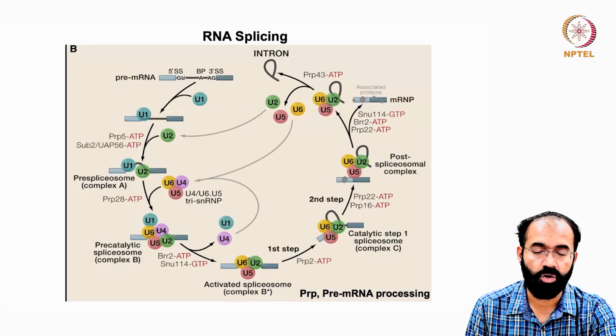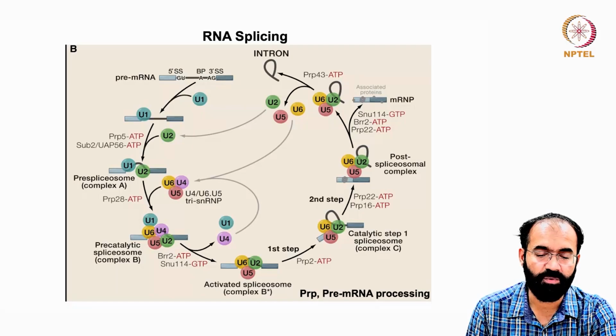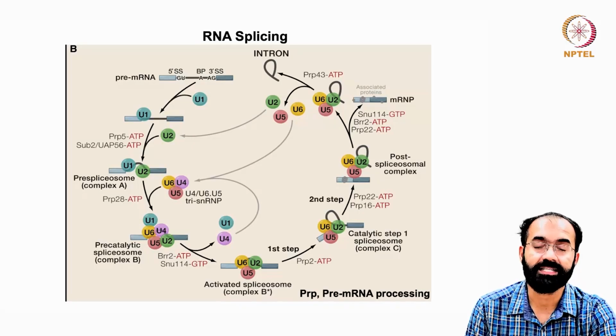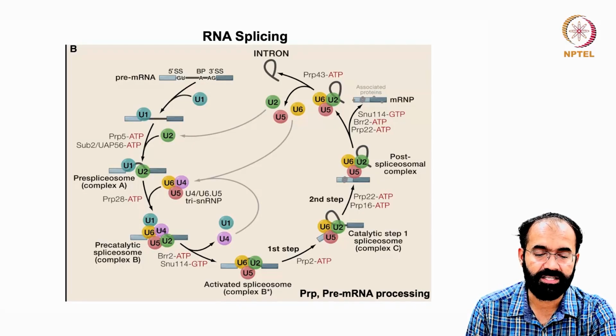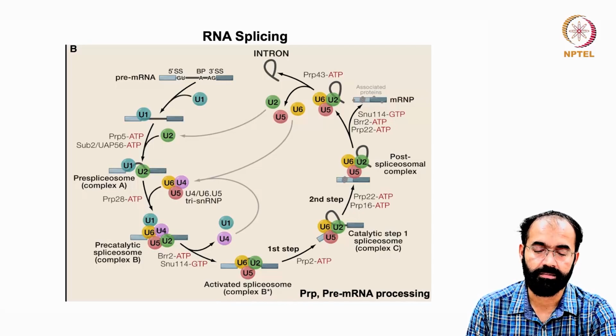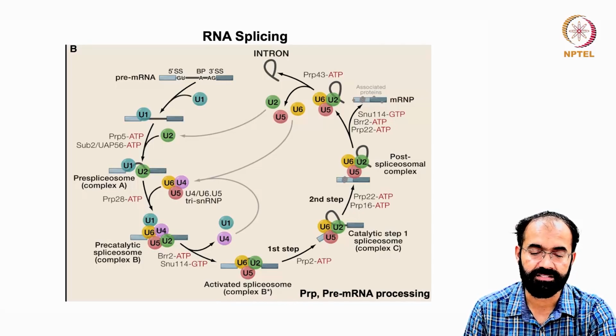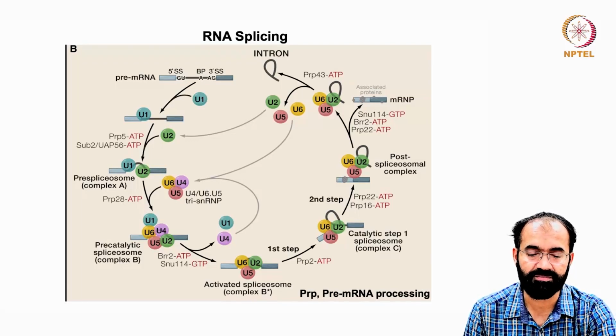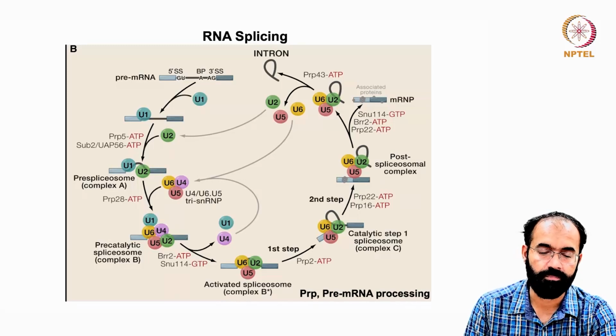Soon after complex B is formed, you have two more proteins, BRR2 and SNU114, one utilizing ATP, the other utilizing GTP. Both are energy-yielding reactions, and as a result you lose U4 and U1 from this complex, which can continue the cycle and participate further and further.